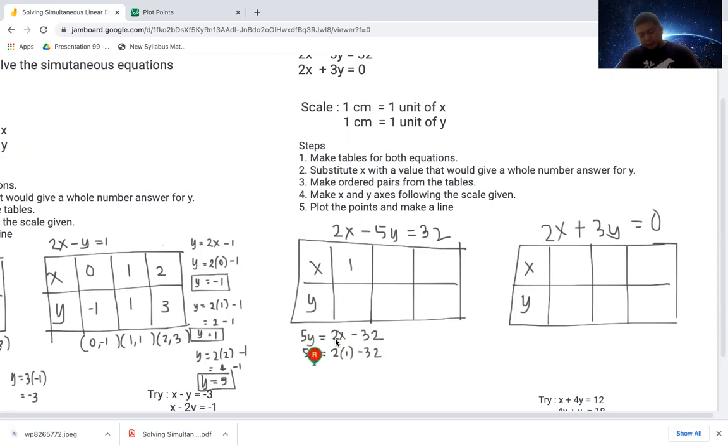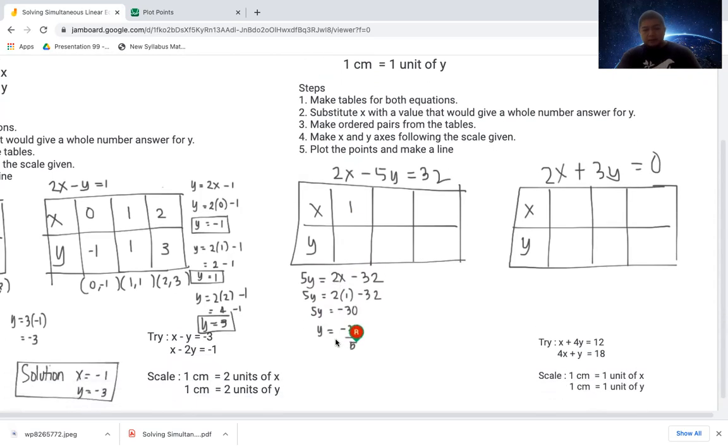And this will give us 5y is equivalent to negative 30, which is going to give us an exact value for the y. So here, the y now is equivalent to negative 6. Okay, so if x is 1, then y is going to give us negative 6.